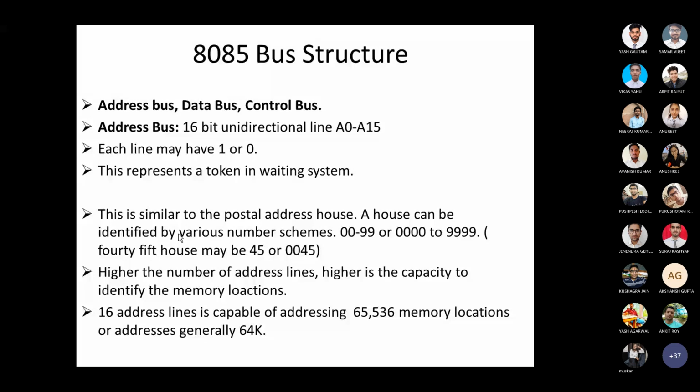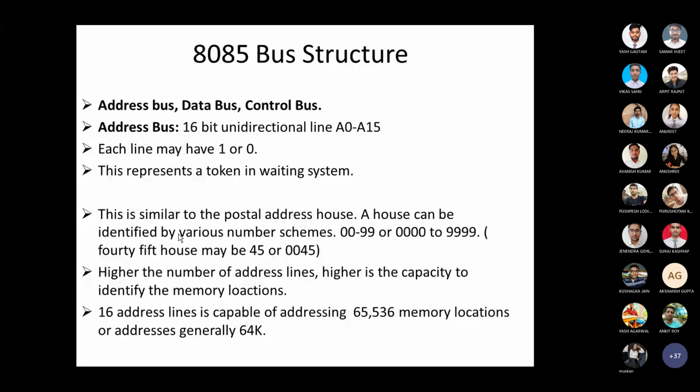And when we have 4 digits, suppose 0045, then the digit system will be from 0000 to 9999. So the higher the number of address lines, the higher is the capacity to identify the memory locations.